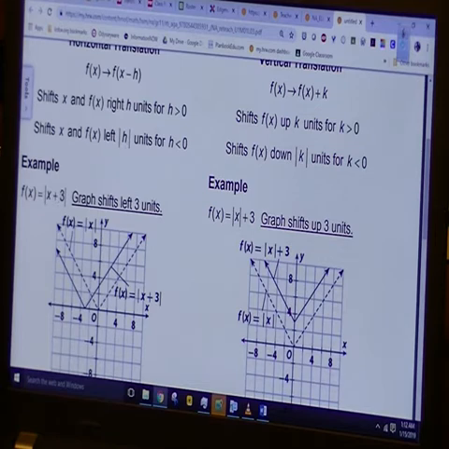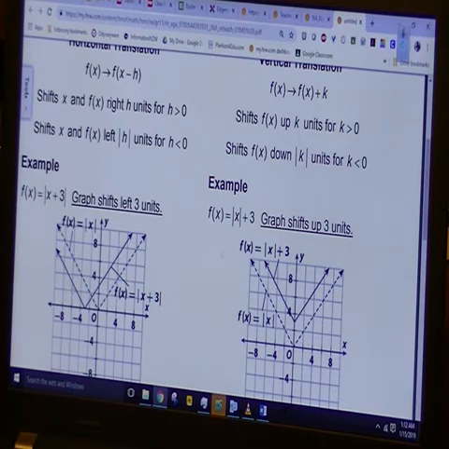When we see this, we've got an x plus 3. So the inside has to be left and right, and it's always backwards of what it seems. So it's going to be left 3 units. Every single dot here has been shifted 3 units.